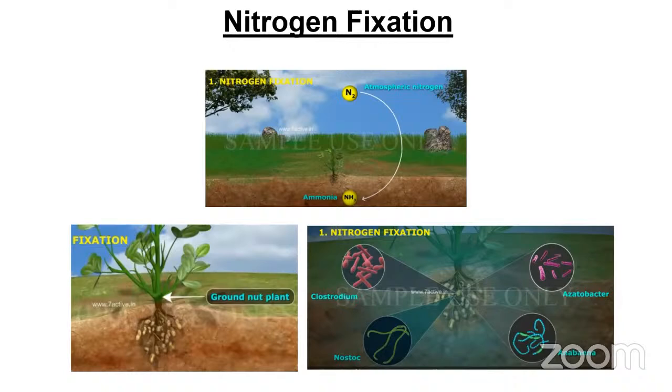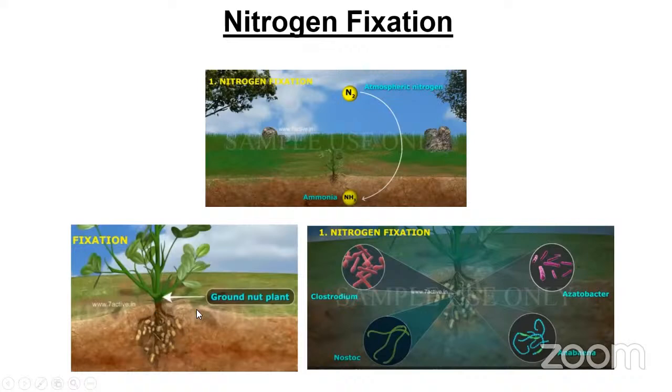So the first step is nitrogen fixation, in which the atmospheric nitrogen is used by some plants, leguminous plants, which can absorb the atmospheric nitrogen in the ammonia form.